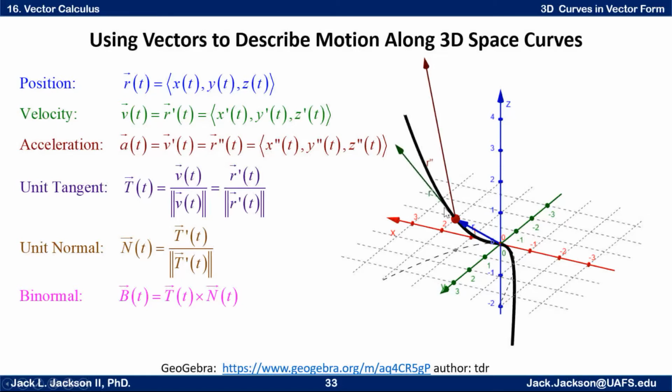Okay, and that's r prime. And then r double prime, that's the r prime or velocity vector, is the green one. The brown one here is the r double prime, which is the acceleration vector. And of course, all these vectors are 3D vectors in this case, and the curve is a curve in space. Later on, I'll show you these unit vectors, T and B combinations in a little bit.